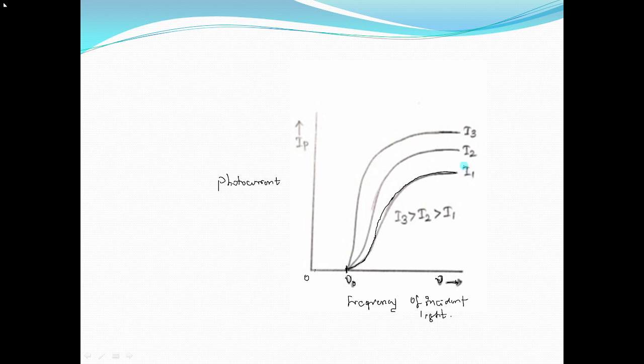This can be shown for different intensities. This is the graph between photocurrent and frequency of incident light. Initially there is no current up to threshold frequency.